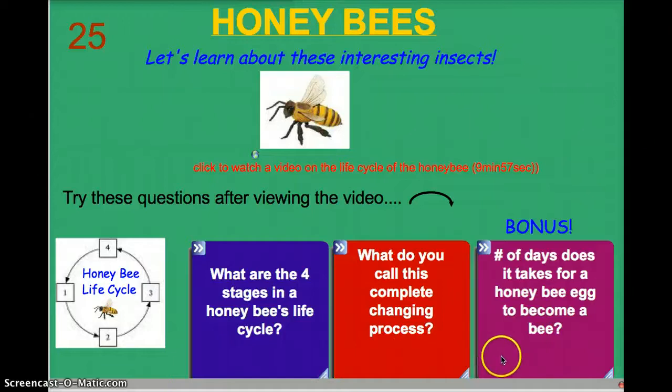And a bonus, what is the number of days that it takes for a honeybee egg to become a bee?